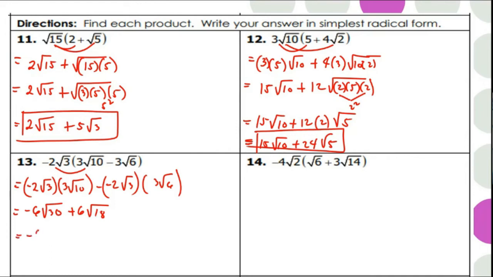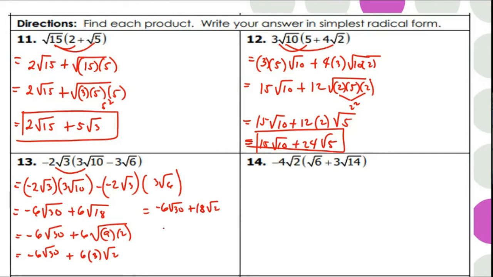So we will have negative 6 square root of 30 plus 6 square root of 18, which is 9 times 2. So it will be negative 6 square root of 30 plus 6 times 3 square root of 2. So now we will lead to negative 6 square root of 30 plus 18 square root of 2. So this will be the final answer.